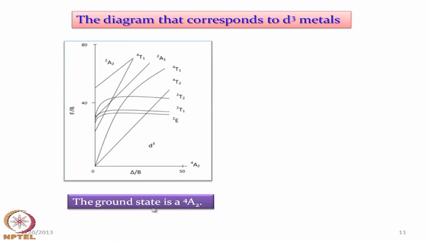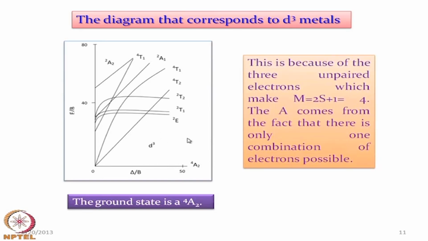So, this is the state where the ground state is 4A2. For any d3 metal ion, it can be chromium 3 plus, we have the corresponding ground state term as 4A2, and from 4A2 we find all the other corresponding transitions.